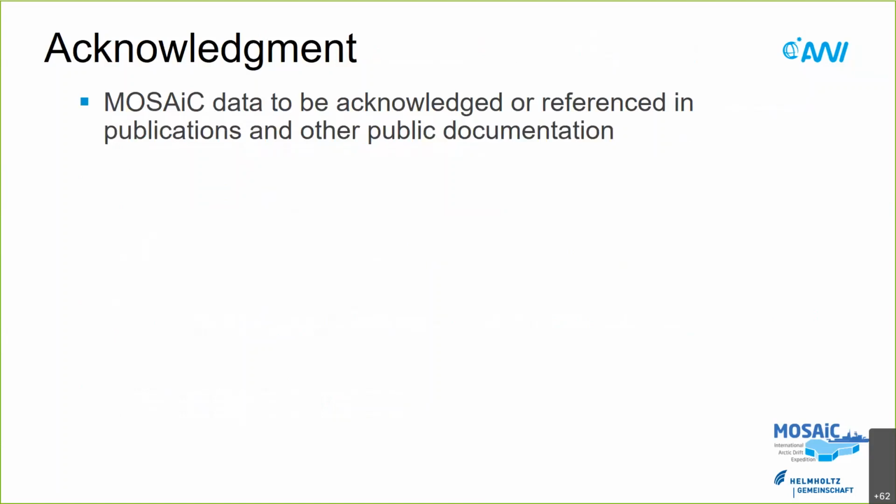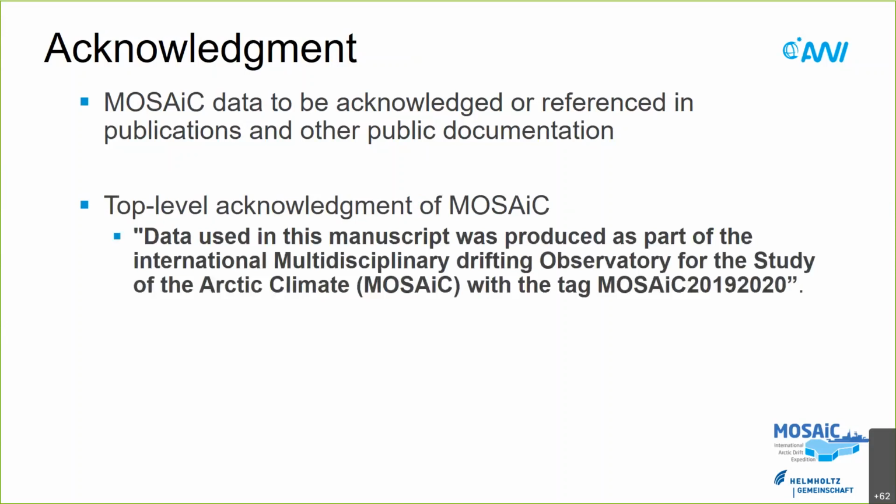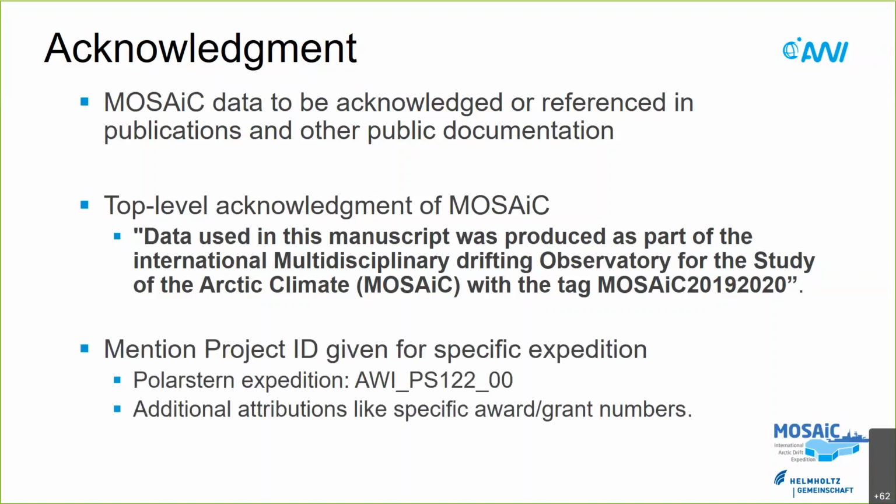The MOSAiC data policy also regulates the acknowledgements. MOSAiC data needs to be acknowledged or referenced in publications and other scientific outputs. How to do that? The MOSAiC project needs to be referred to by its full name: MOSAiC, Multidisciplinary drifting Observatory for the Study of Arctic Climate, and importantly, MOSAiC 2019-2020. This is how the data coming from this project can be findable and discoverable.